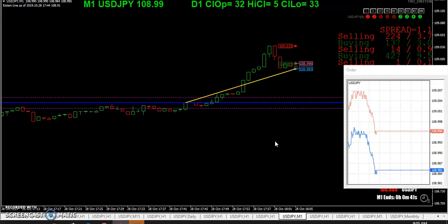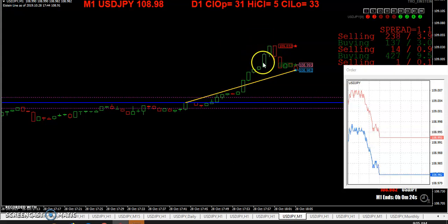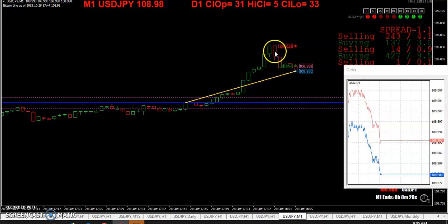So for the scalpers out there, you can see how you can go in and pick up a pip or two or three. And for the people who are trying to time their entries, like if you were trying to time the reversal off the high, you wouldn't have got stuck in here and only to see price go against you. No, you would have traded here.